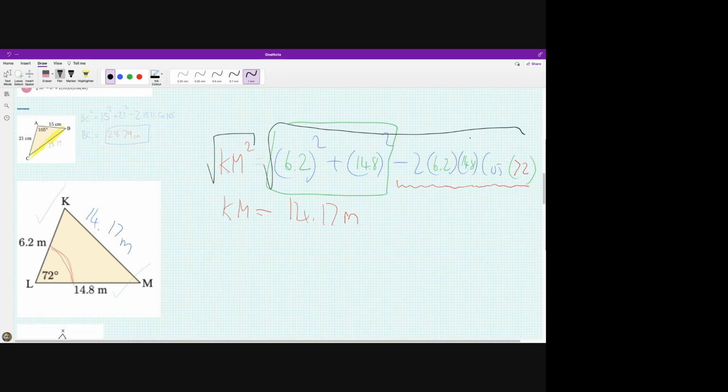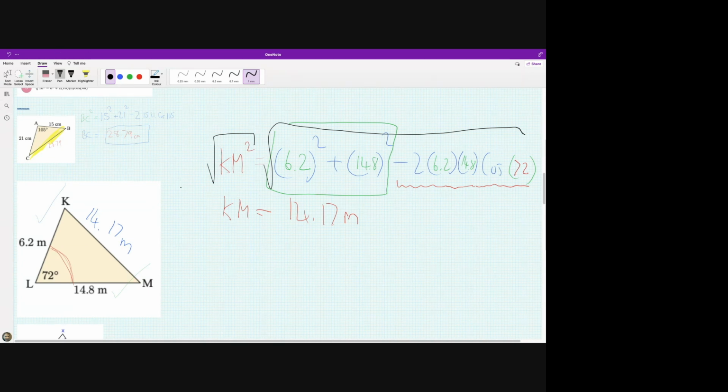Plus 14.8, hit the squared button. Minus 2 times 6.2 times 14.8 times the cos of 72, but you need to close the bracket on the 72, and then you hit equals. And what do you get then? I see it now, sir. Perfect. All good.